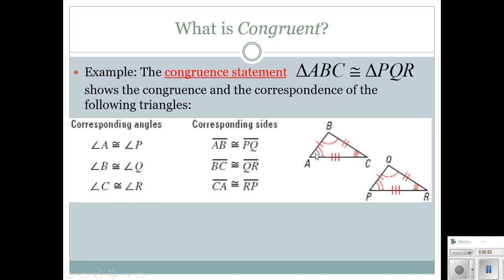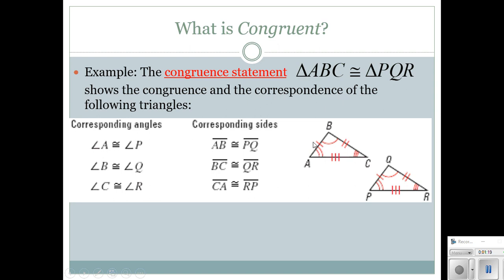So right here, you have angle A is congruent to angle P. Corresponding means same position. So this is on the left side, this is on the left side. Angle B is congruent to angle Q. Those are corresponding angles, which is in the same spot. So corresponding means same spot. Those are congruent. And angle C and angle R is congruent.